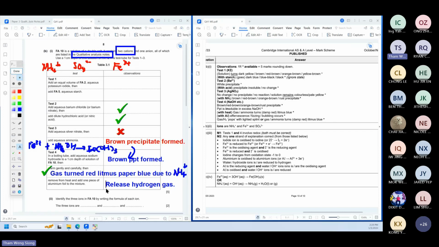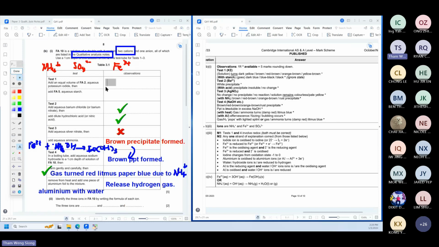Now, if you know it's hydrogen gas, no time to do the pop sound, then you just put inside there: effervescence occurred, gas released pops with lighted splinter. And what happens is that the aluminum foil will react with water under high heat. So until here, so far it makes sense. This is all standard. Only this part is a bit tricky because two cations are involved here.